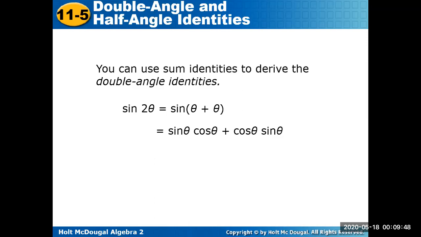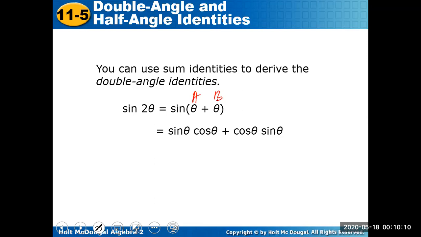Since here both a and b are theta, I can just write sine theta cosine theta plus cosine theta sine theta.